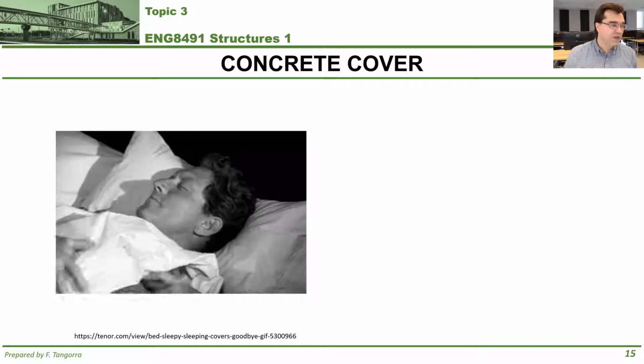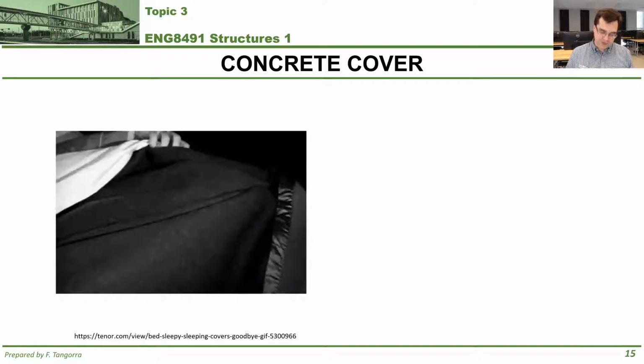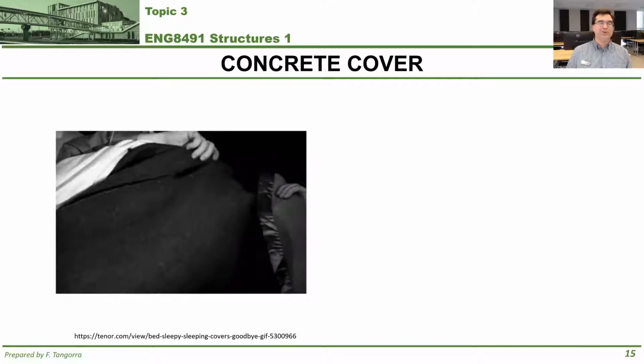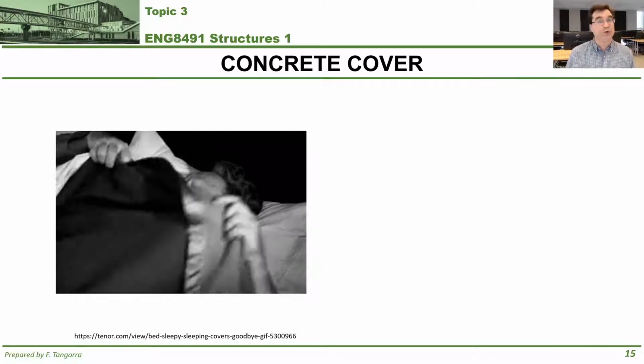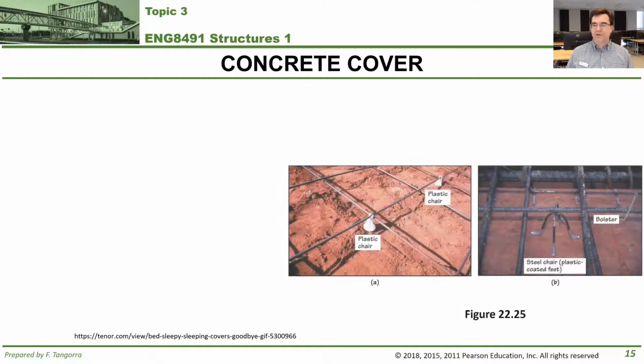What I would like to talk about before wrapping things up is this concrete cover. And I'm not talking about the action that you do when you're in bed of pulling a blanket or a cover over you, although it is very similar, okay? What I mean by concrete cover is the layer of concrete that covers the steel that is closest to the surface, okay?